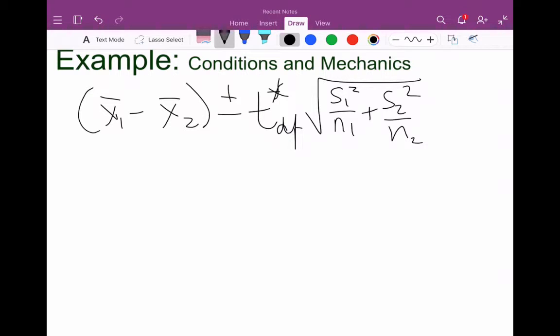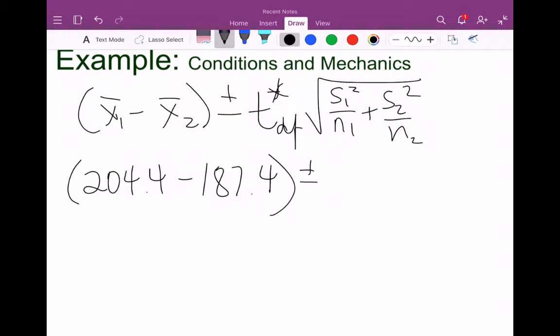When you do it on your calculator, which I can show you tomorrow, you'll be performing a 2-sample t interval. We find out that the mean for generic batteries, because I'm going to make generic 1 and brand name 2, is 204.4 minus the mean for brand name, which is 187.4, plus or minus.